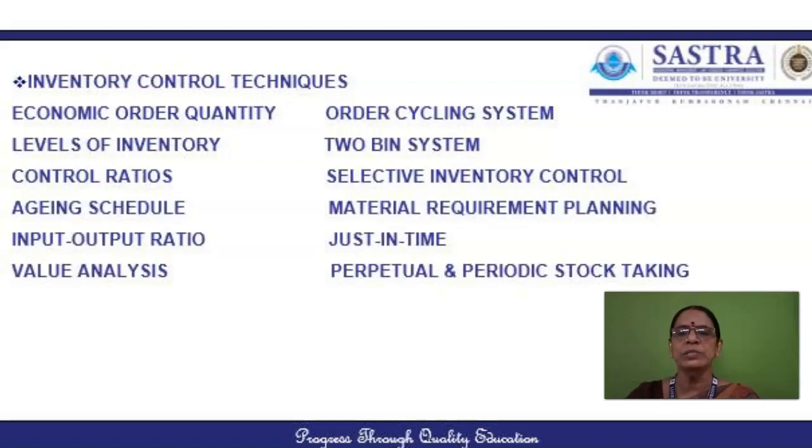Input-output ratio is the ratio of raw materials going into the production and the actual output. In industries where both raw material and finished products are capable of being measured in some units or quantities, the input-output ratio helps in determining whether the usage of raw materials is favorable or adverse.